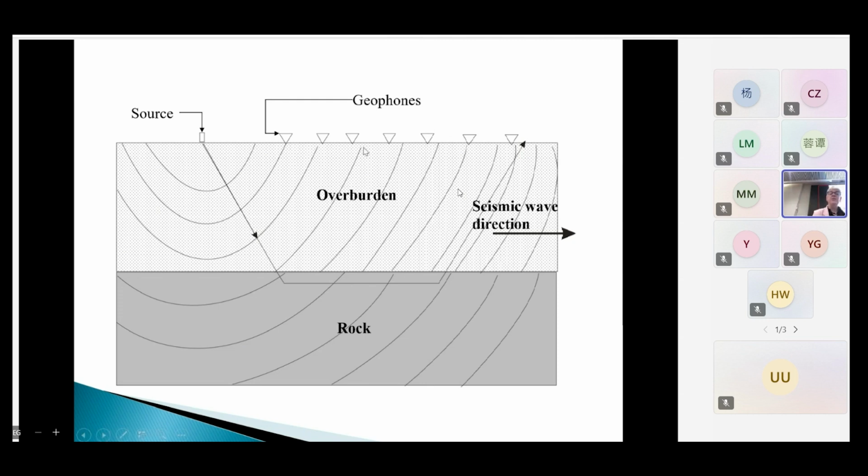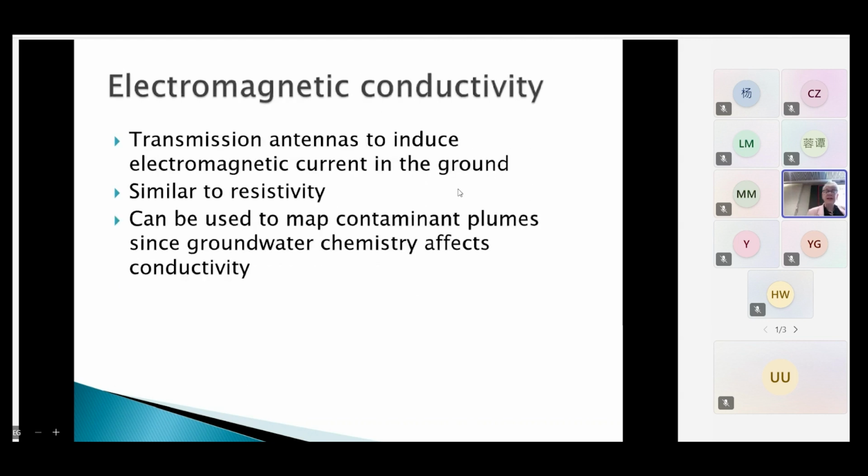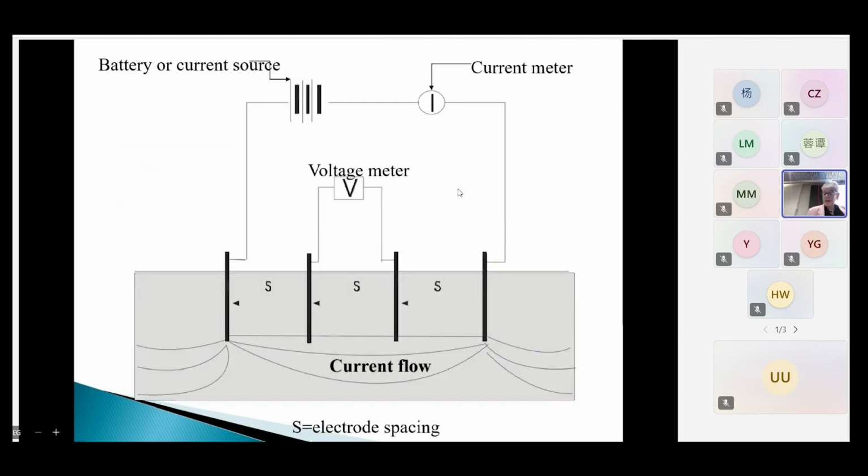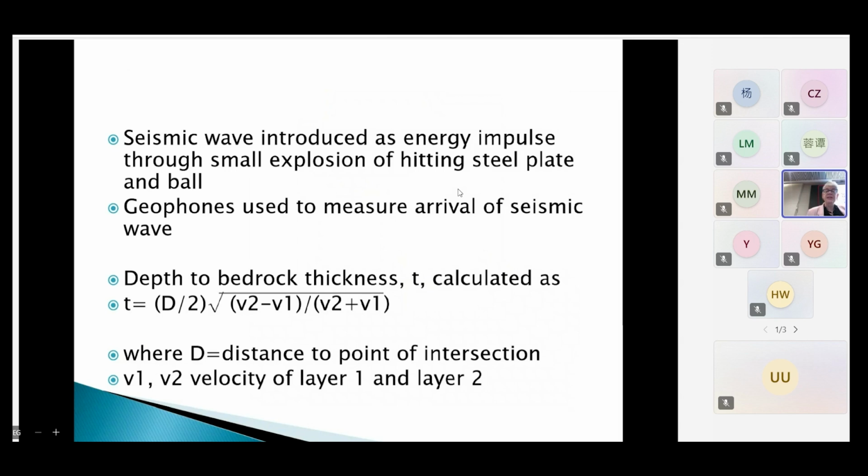You have geophones on the surface, and you wait to see the delay of response. Based on the bounce back from the rock, you can get an idea of how deep the surface is to the rock itself. So that's the idea of using seismic waves.